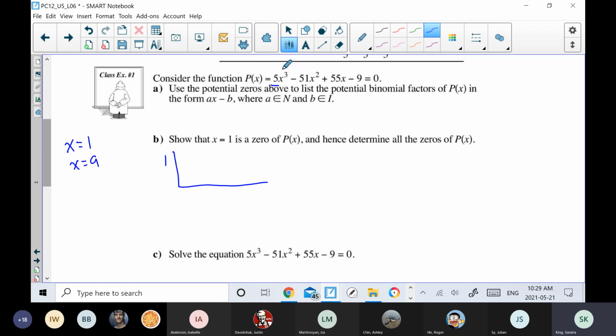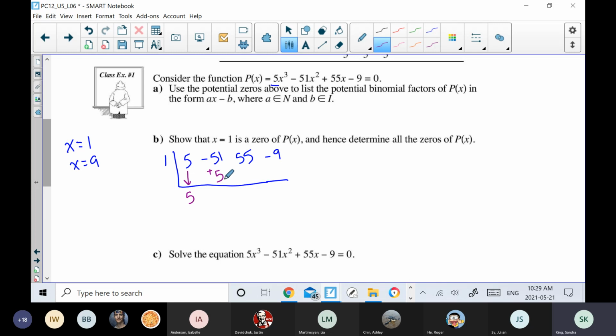Let's put in our coefficients. So 5, negative 51, 55, and negative 9. Carry out your synthetic division. So drop your 5, perform your multiplication. From here, you're going to do your addition.